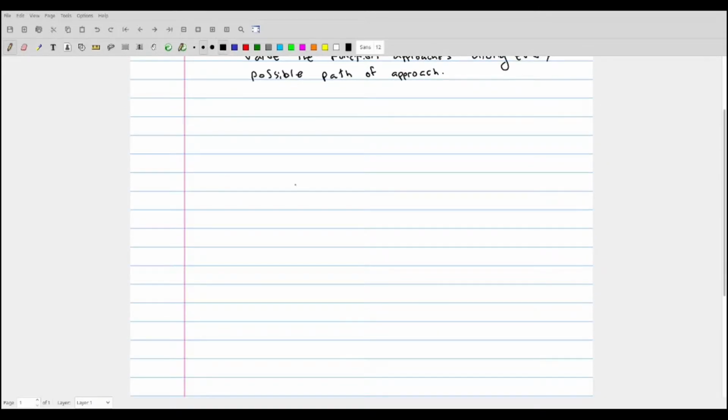So for a function of two variables, the notation for writing down a limit: we say that the limit as x and y approach the point x naught, y naught of some function of two variables, f of x, y, is equal to L, if the limit exists.